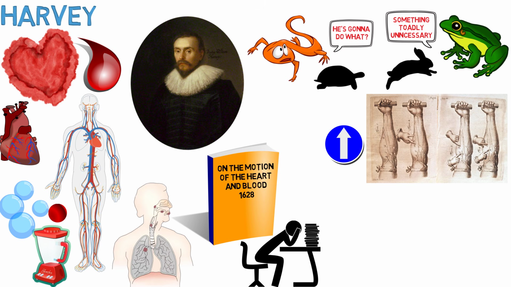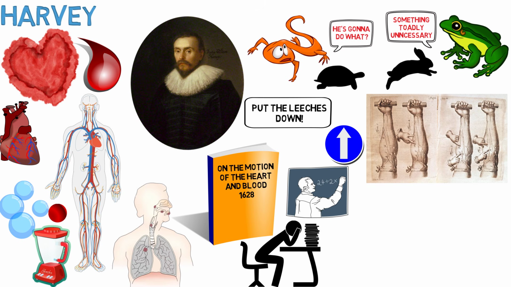Galen had believed that the liver made new blood to replace that lost around the body. Harvey's work on the circulation of the blood proved that this was wrong, and also challenged the idea of bleeding as a cure. If Harvey was right, then it was impossible for the body to have too much blood. One of Harvey's key pieces of evidence was a series of simple calculations involving the quantity of blood.